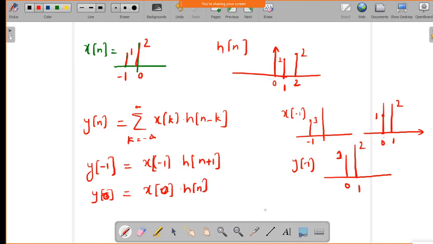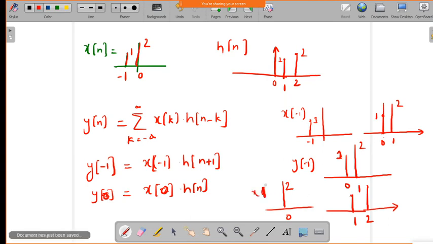Now x of 0 is the value 2, and h of n you will be having, as it is the same signal h of n, which is 1, and it is 2 here. So now what is the output of this system? This is x of 0, and here it is h of n.